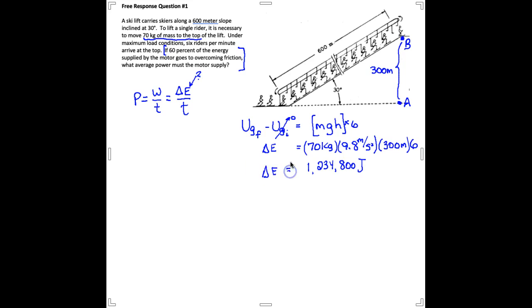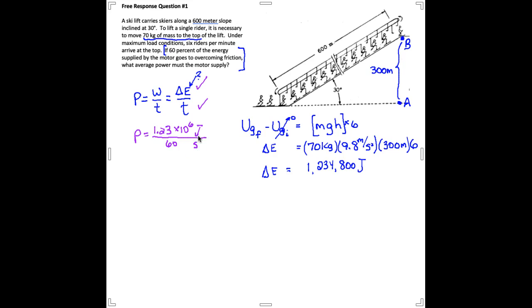If I look back at when I started this problem, now that I know that, I just have to divide it by the total amount of time. It takes 60 seconds for that to happen. So one approach is to find the power that is required to do that, and I'm going to divide the energy by the time. I can write this in scientific notation: 1.23 times 10 to the 6th joules, and the denominator is just going to be 60 seconds.